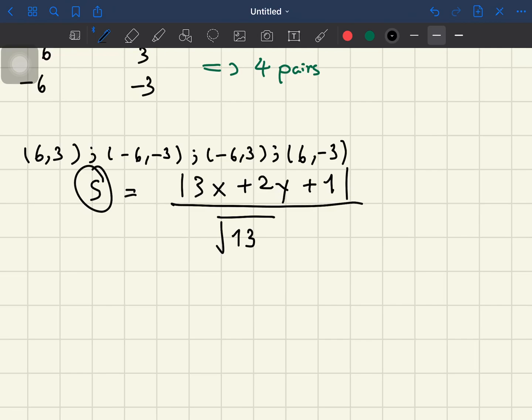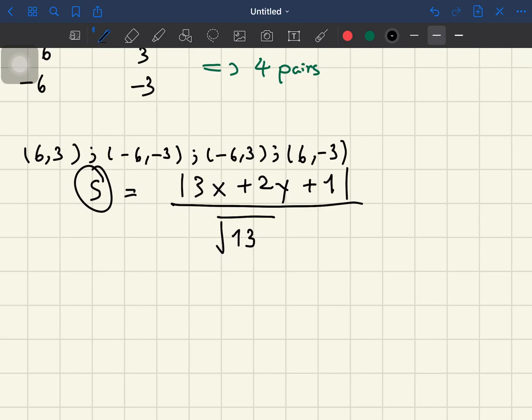If you substitute negative 6 and negative 3, you will have a very large negative number plus 1, and 1 is just a very small positive number. When you add a very large negative number to a small positive number, you still have a very large negative number. It makes sense, right? So you will actually get a very large positive number.